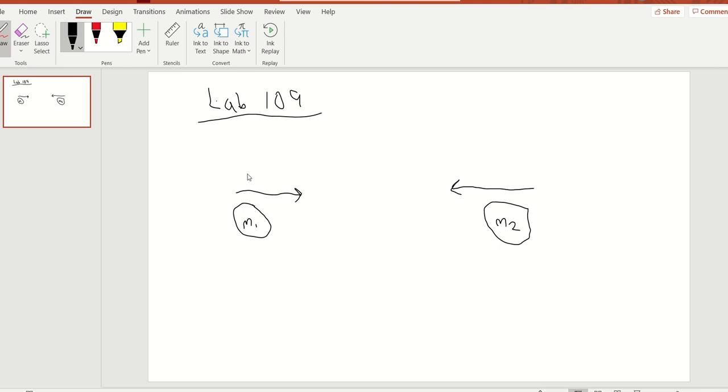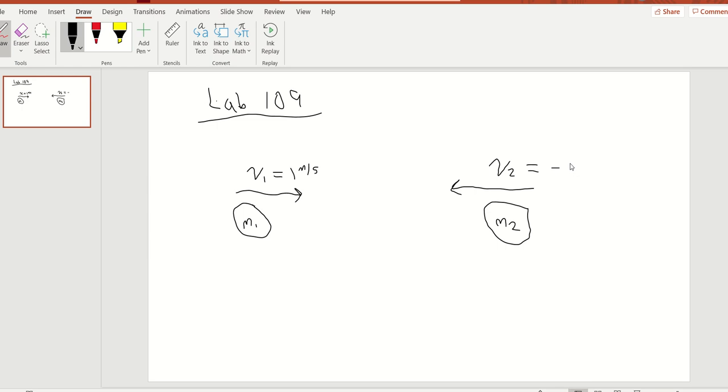So this one is going at a certain speed. Let's call that speed v1. This one is going at a certain speed v2. Let's put a number here. Let's say this is 1 meter per second. Well, this one is moving the other way, so whatever speed the other one has, it has to have a minus sign.